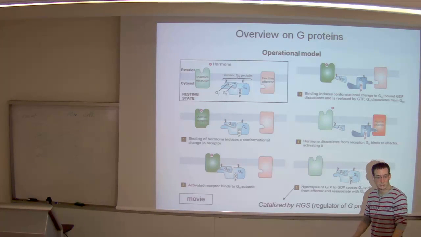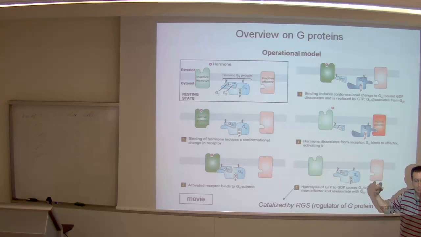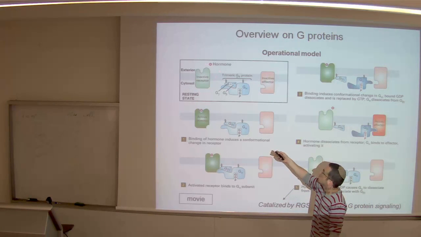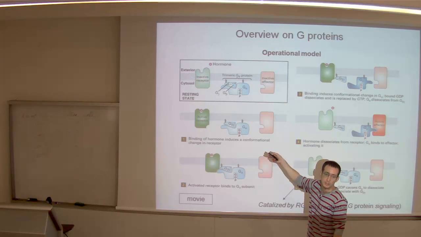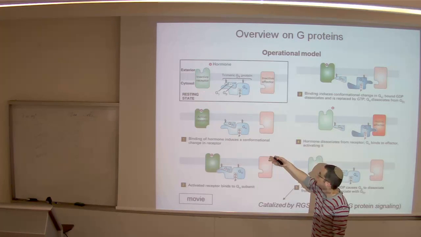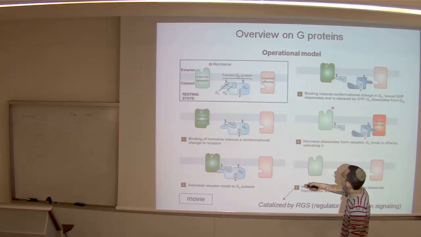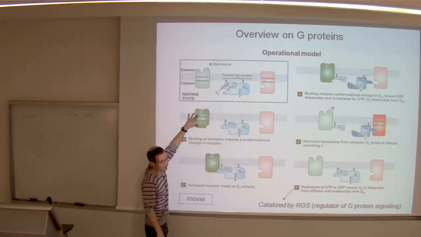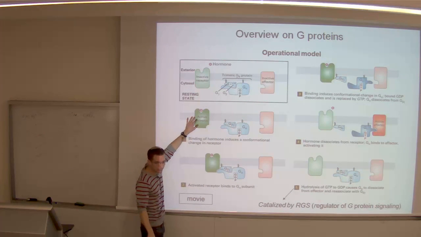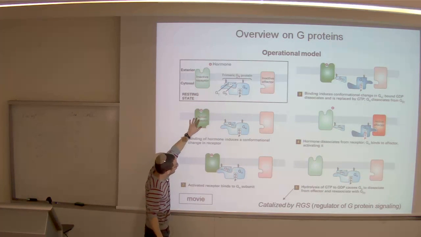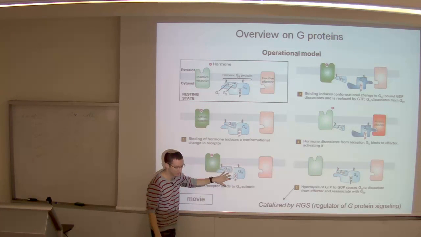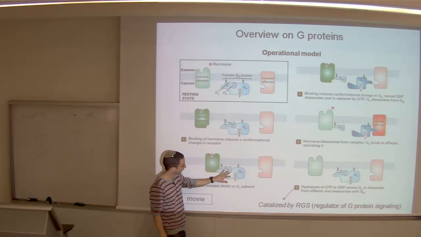Now about the sequence of events around the activation of the G protein. Everything starts with a ligand binding to its receptor, in this case a hormone. So the ligand binds to its receptor, activates the receptor, which in its turn activates a membrane-tethered G protein.